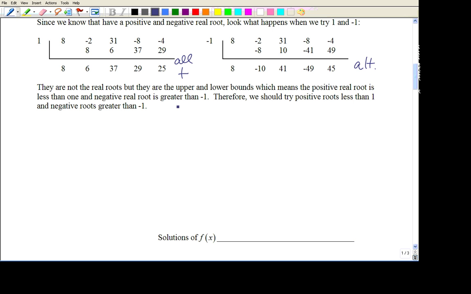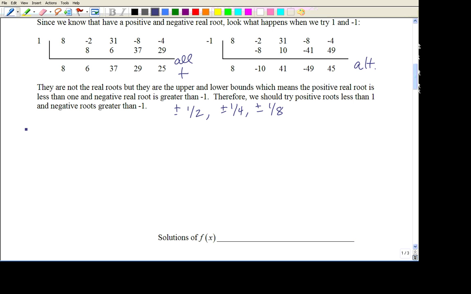So we had plus and minus 1/2, plus and minus 1/4, and plus or minus 1/8. You just pick one of these and start using synthetic division and see if you can get a remainder of 0, which means that it would be a root for that polynomial.